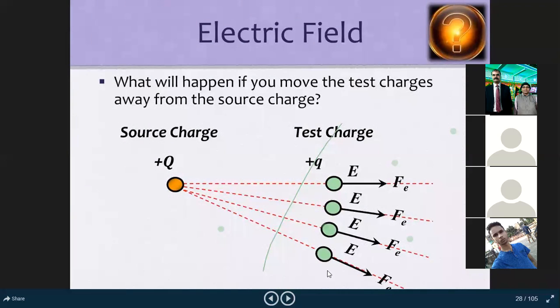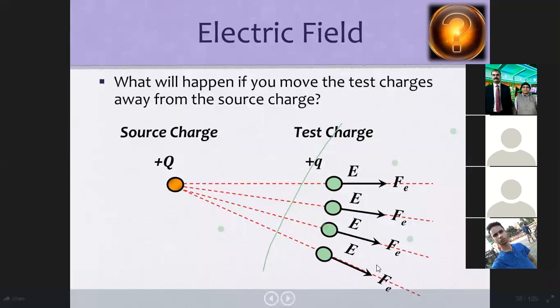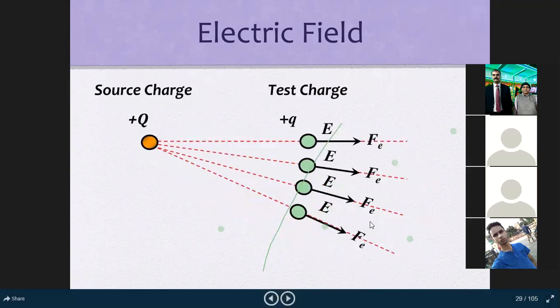Now, if the test charge is moved away from the source charge, then the distance changes. As the distance changes, the electric field intensity will decrease because it is inversely proportional to distance. Look at this location, the electric field is a little bit higher, but when we come to this location, the electric field will be comparatively smaller than at this location.